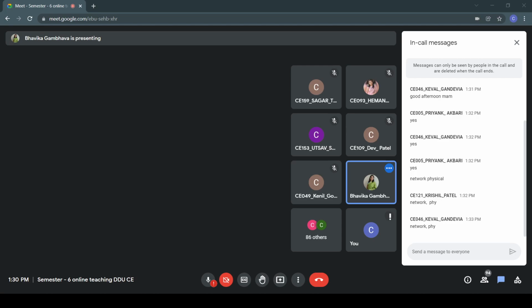Please open the book and start writing it. E2, that means 11100010. Okay, between E2 and 37, what is the distance? Keval is saying it is 5.